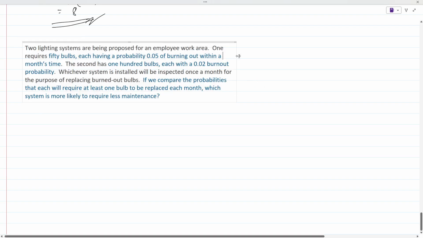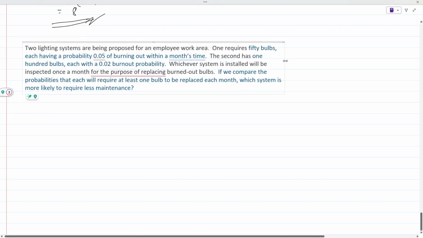So, two lighting systems. One requires 50 bulbs, each having 0.05 burning out within a month's time. The second one has 100 light bulbs, each with 0.02 burnout probability. Whichever system is installed will be inspected once a month.